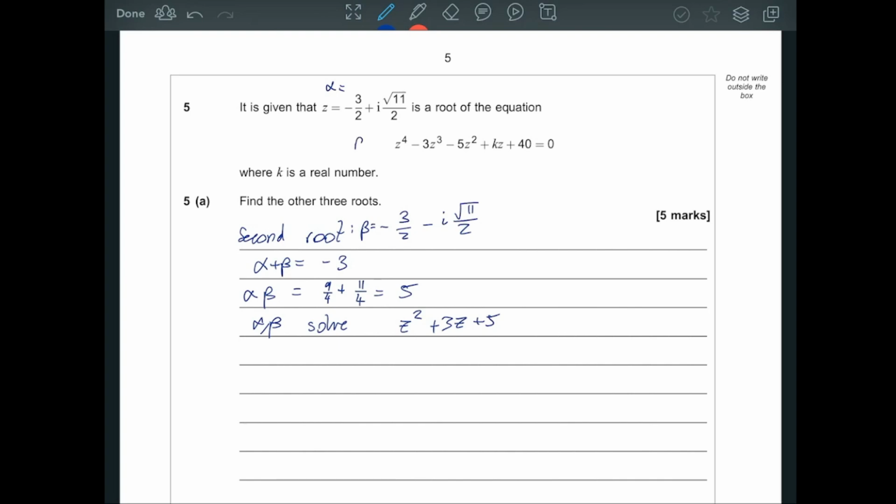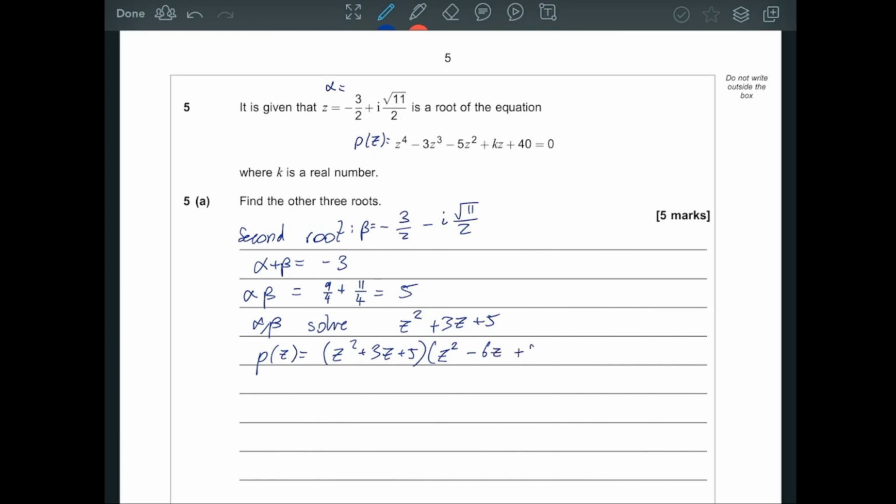So then my polynomial in z I can factorize as z squared plus 3z plus 5 and something else. To make the z to the 4, I need the z squared. That's currently giving me positive 3z cubed, so I want to lose 6z cubed.